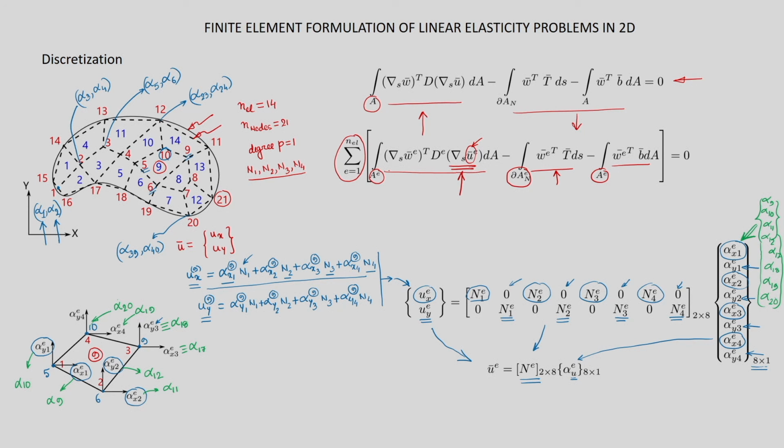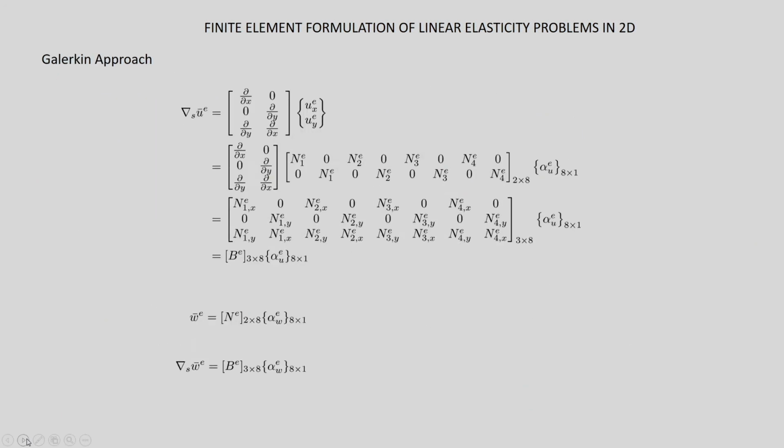Now, just note that these alphas are constant and the shape functions depend on x and y. So, now let us calculate the symmetric gradient of u here. The symmetric gradient operator has been shown here, and u bar is basically ux e and uy e. So, we are doing everything in a given element e.